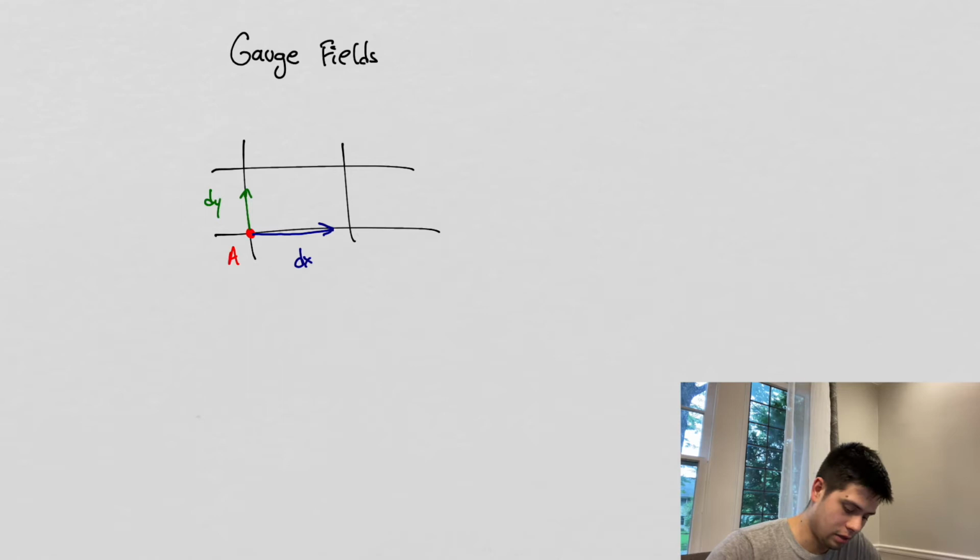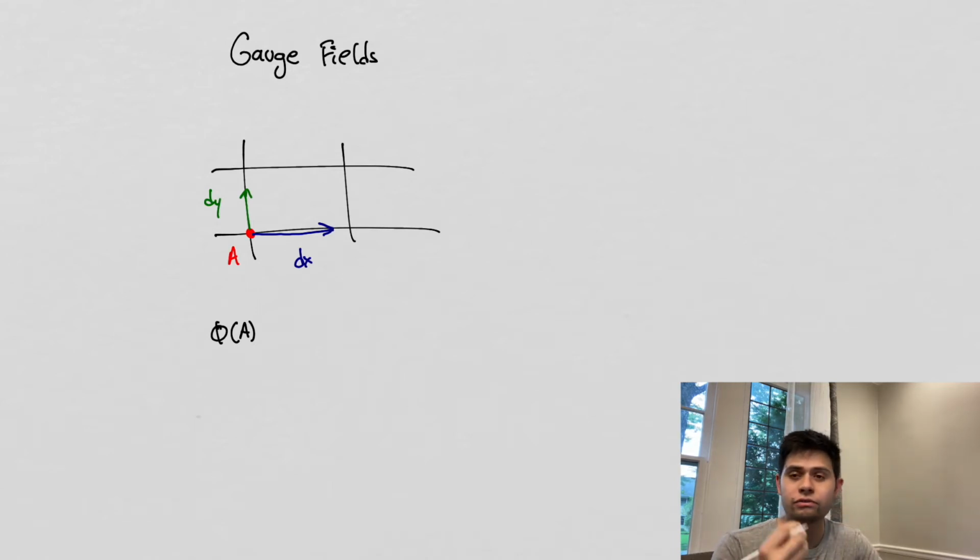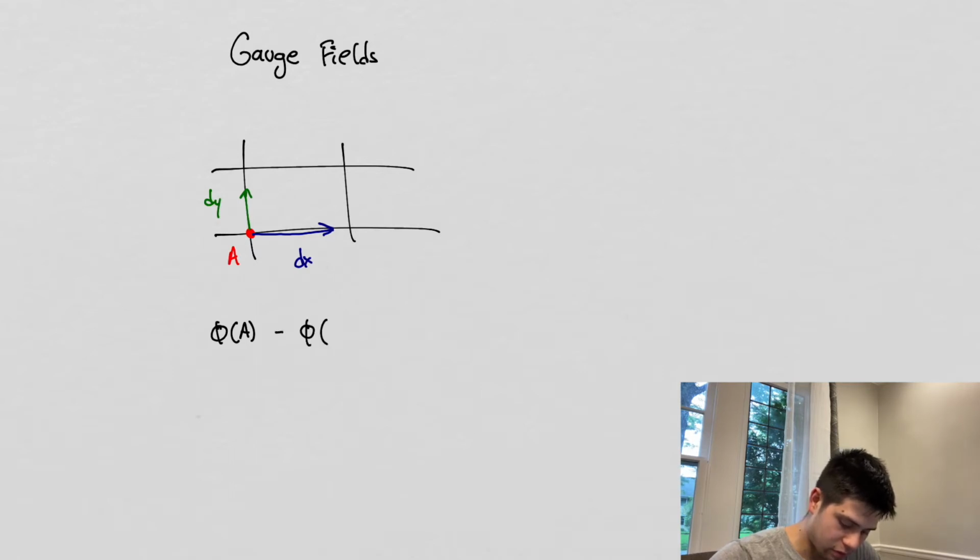So what would this look like? Well, here we would have our field at A, our field value at A. So A is the label of the point. Phi of A is the field value located at that point. If we were to move dx away, we would get a difference between the two.